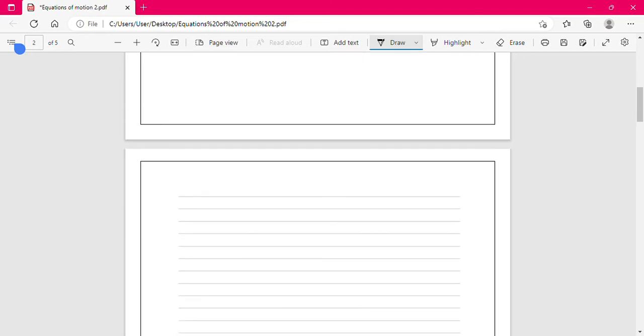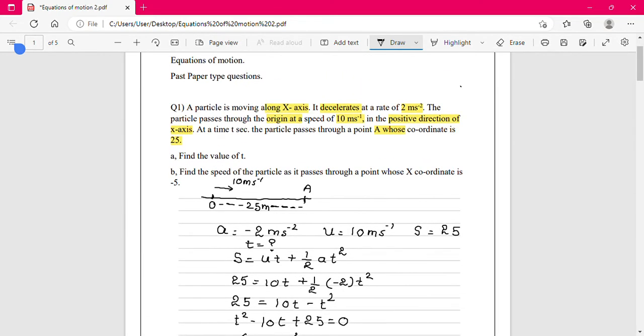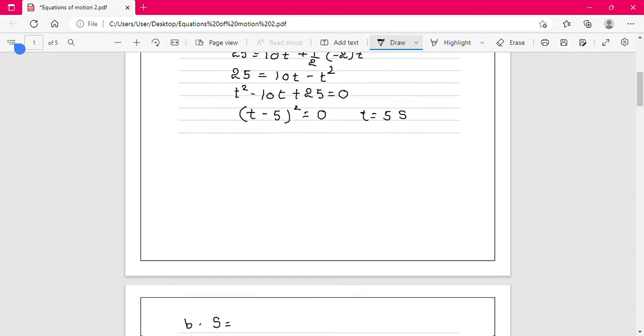Now come to the second part here. Again for the second part B, what things are given to you? Again, what is the displacement? In this case you want the velocity of the particle when it crosses a point whose x coordinate is -5.